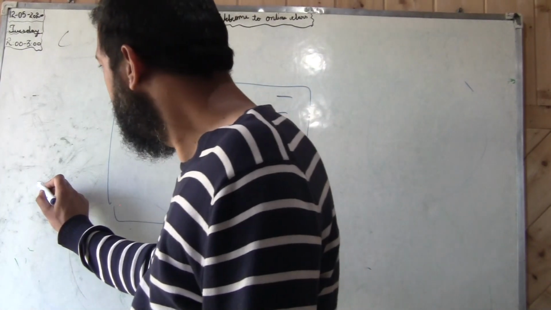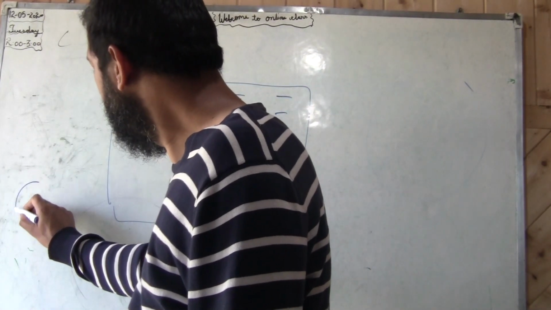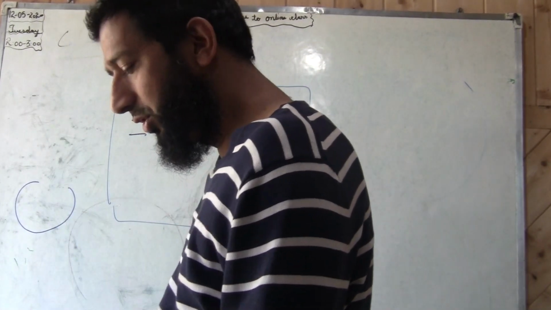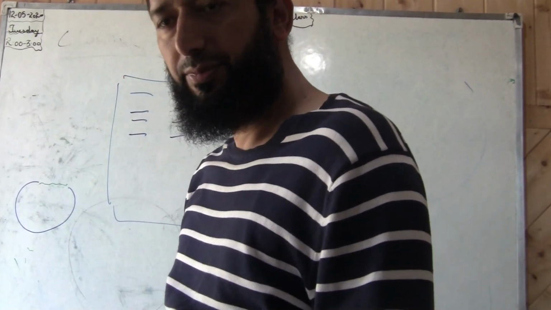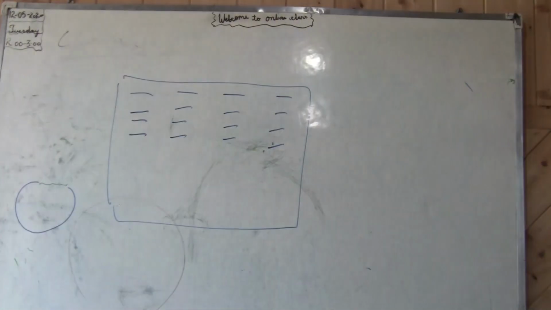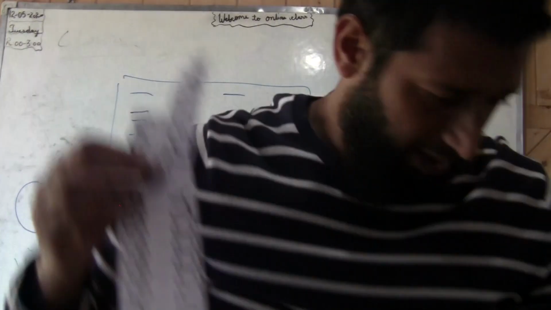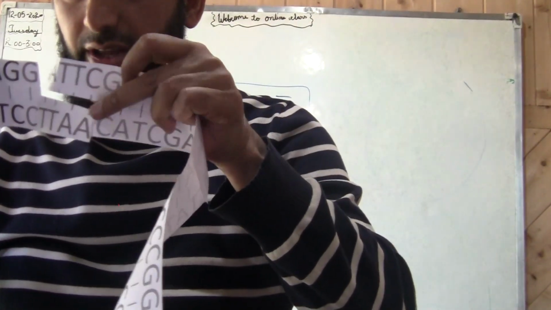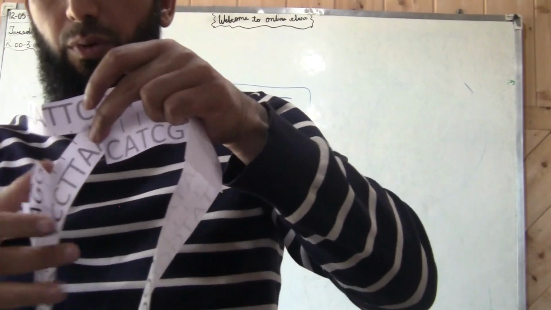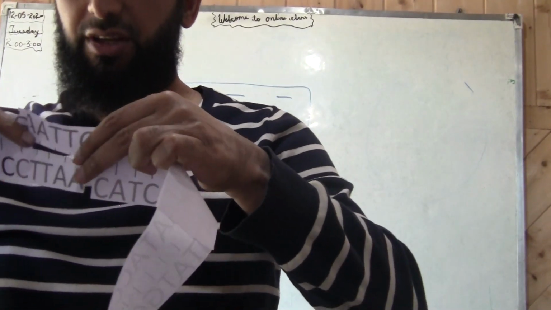For example, this is your vector, this is one side of the vector, and this is your insert. Now initially we digested this with EcoR1.